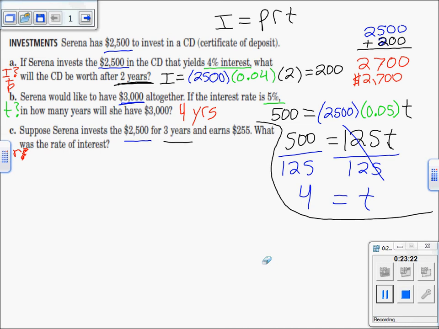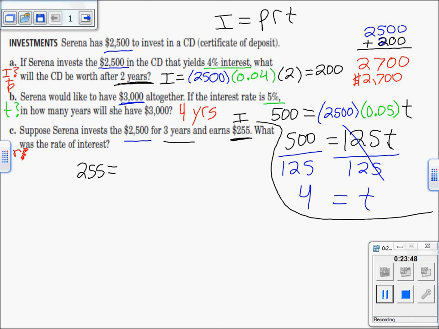In part C, you know your principal, your time, and your interest. It says she earns $255. It wants to know what rate would make that happen. It's similar to the last one, but now we're solving for the rate instead. We put 255 in the interest location, and that goes first.